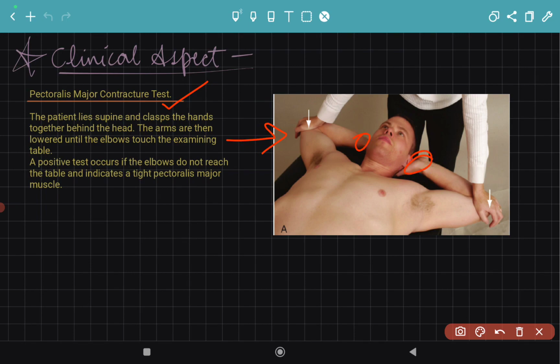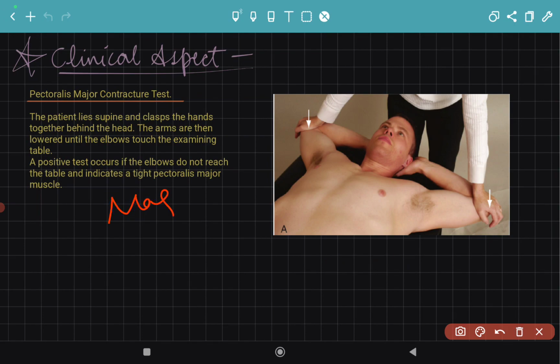Now what does the therapist do? The therapist will lower the arms until the elbows reach the table. If the elbows are not reaching the table smoothly, this will indicate a positive test, or tightness of the pectoralis major muscle. So this is about the clinical aspect, the pectoralis major contracture test.